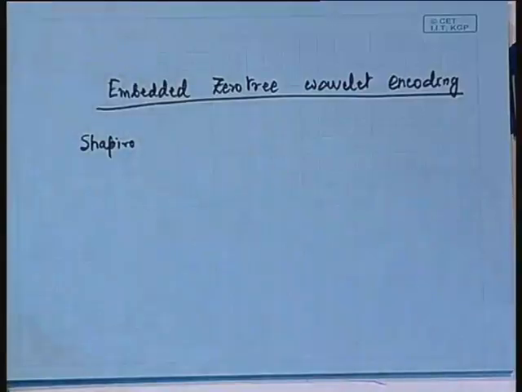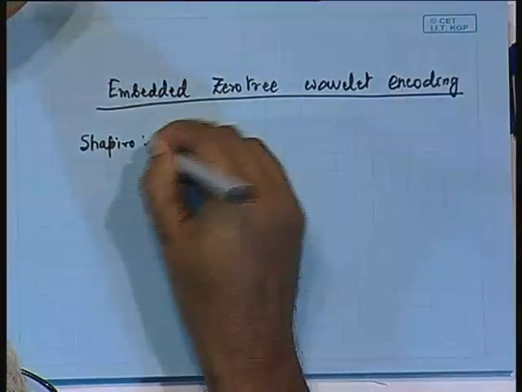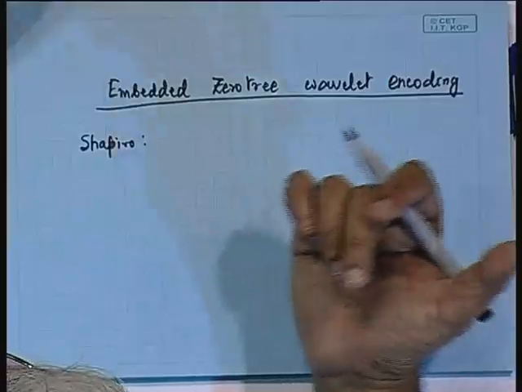So, let me give you first the reference of the paper, so that you can yourself go through and find out details which are more than what we will be able to cover in the class, because in the class I will be giving you the essence of the algorithm in a nutshell way, but more details of it you will find in this paper.